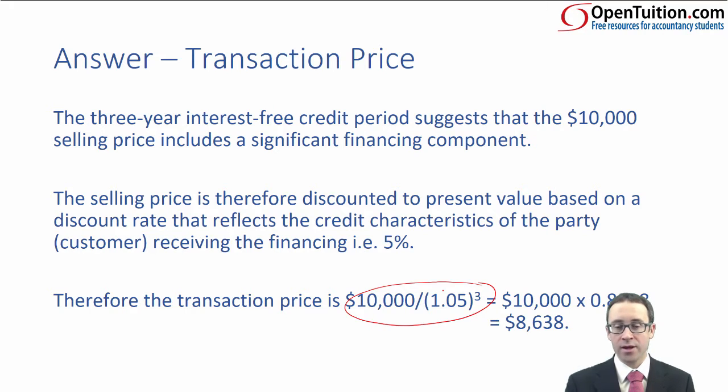Hopefully after the 3 years, the 8,638 will have grown to the 10,000, and then when you receive the cash, you debit the bank and credit the receivable. So it's splitting out the transaction into the goods and that financing component. As I said earlier, anything less than a year, not worried about.